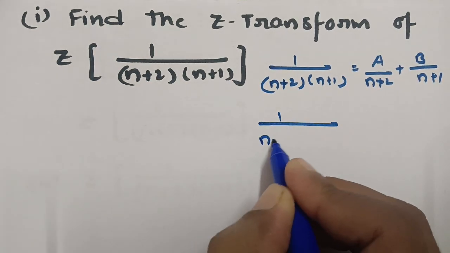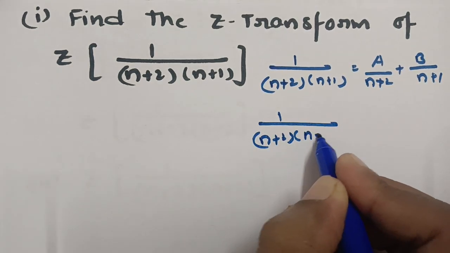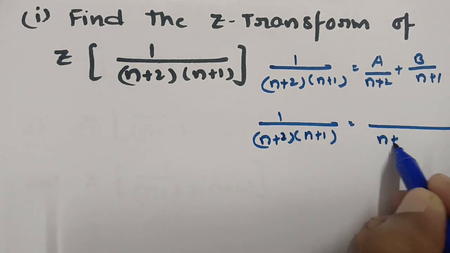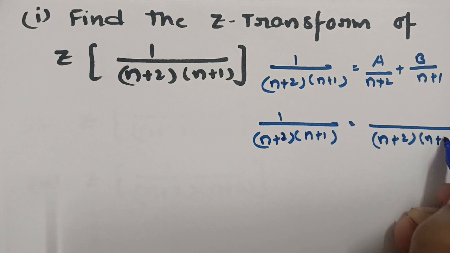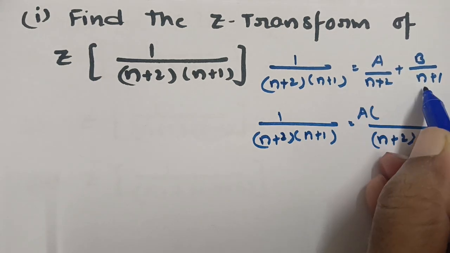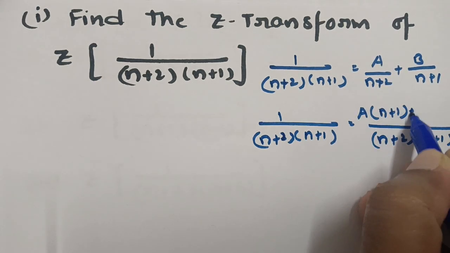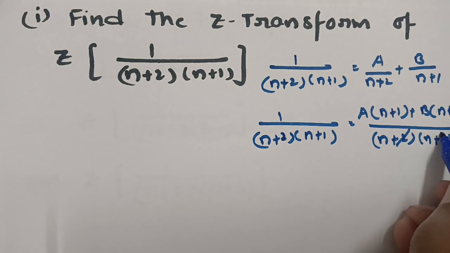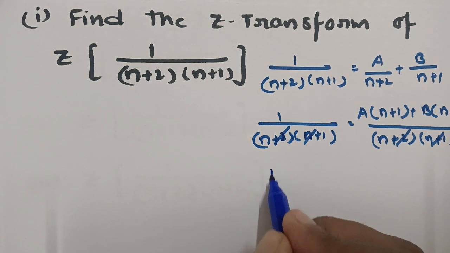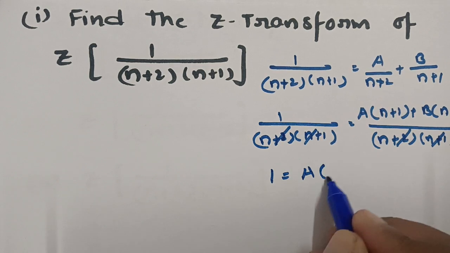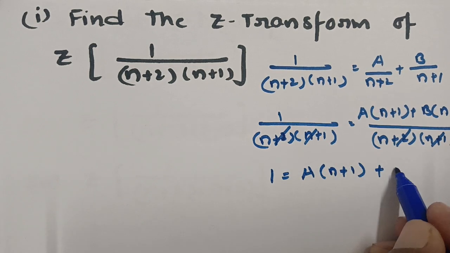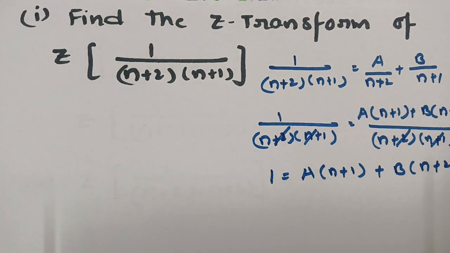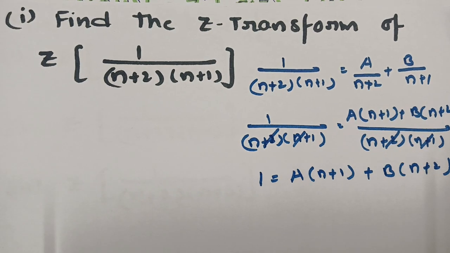If I take an LCM, this is (n plus 2) into (n plus 1), A times (n plus 1) plus B times (n plus 2). So if I cancel the denominator, then 1 is equal to A into (n plus 1) plus B into (n plus 2). Clear?